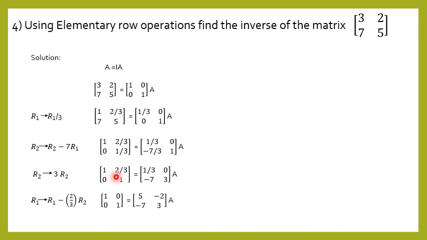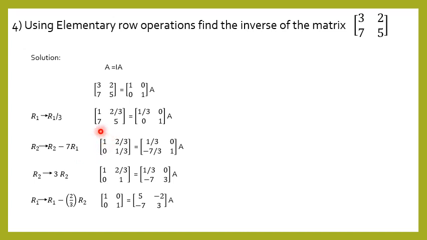Then in the next step, here this A22 becomes 1. In the next step, the other element becomes 0. In that way, there is a sequence of steps. So be careful. You need to apply the operations on the LHS as well as the RHS.